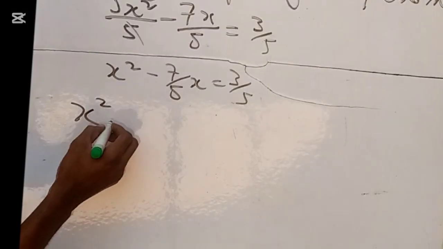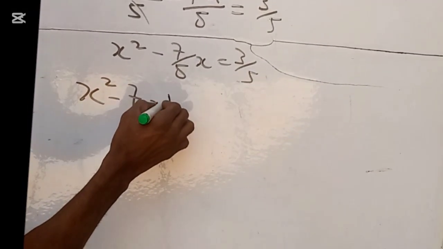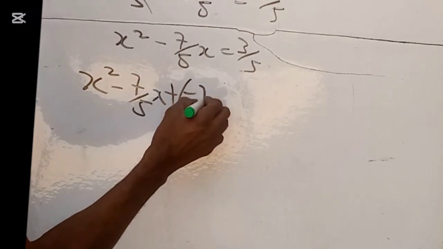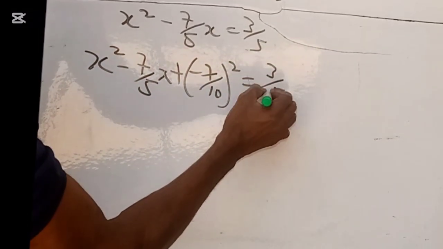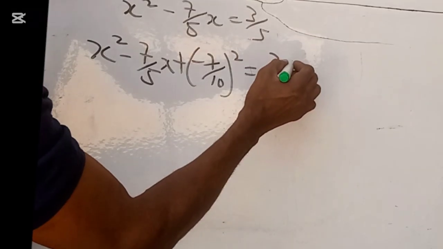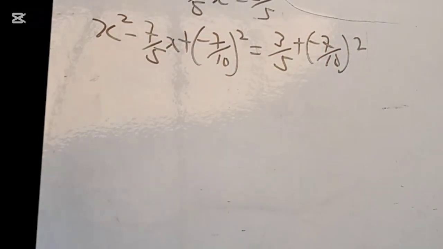So I'll have x squared minus 7x over 5, and I am adding minus 7 over 10 squared to both sides. That's the rule.